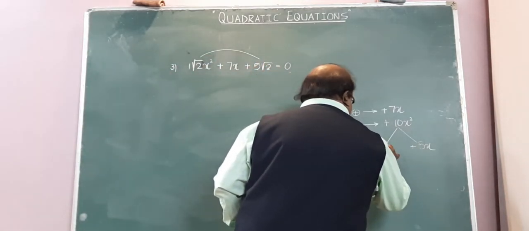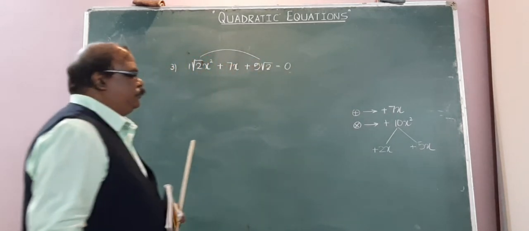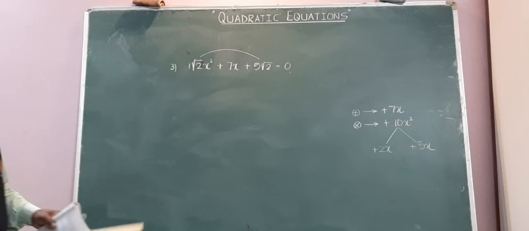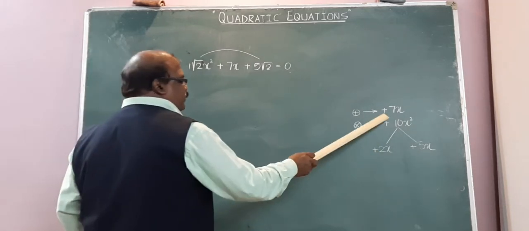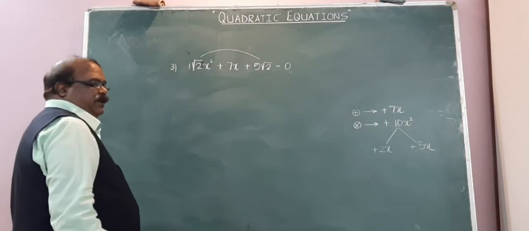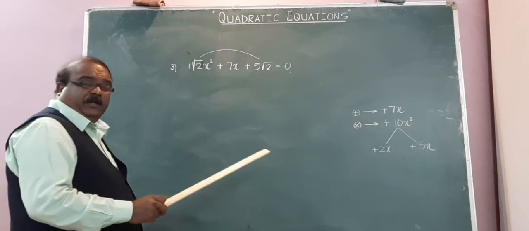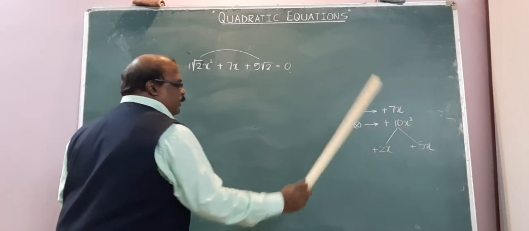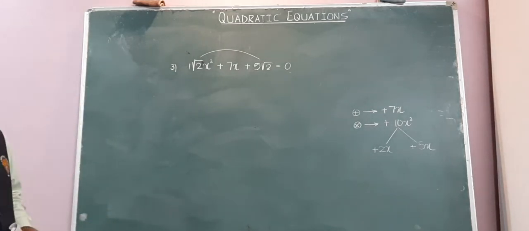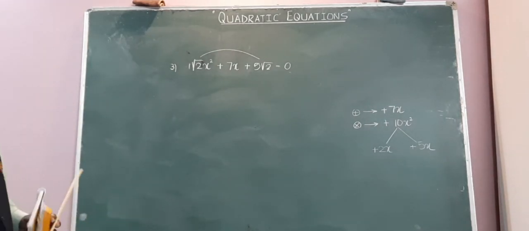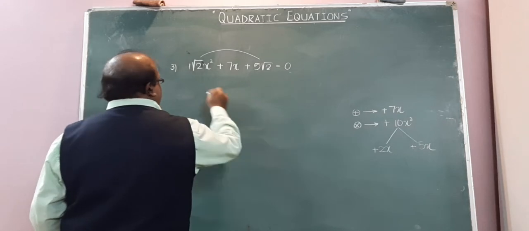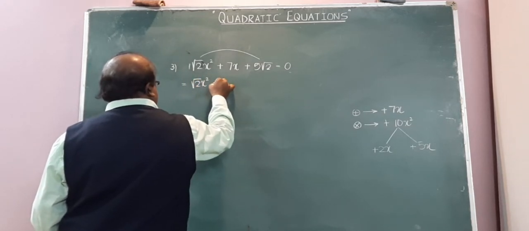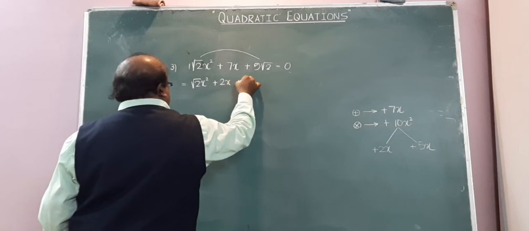Once again, I put plus sign. Let me check. When I add, what is 5x plus 2x? 7x. When I multiply, 2 5s are 10, x into x, x square. So what is the splitting factor? 2x plus 2x and plus 5x.